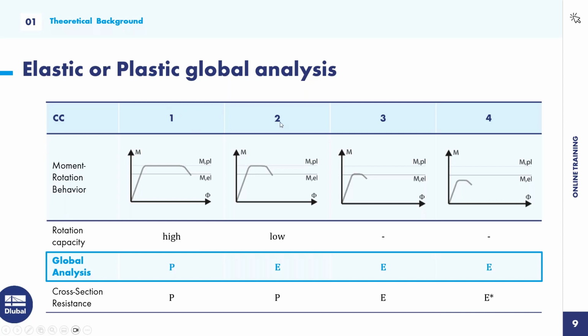You can consider plastic cross-section resistance for cross-section classes 1 and 2, and only an elastic resistance for cross-section classes 3 and 4. I hope you understood it right.